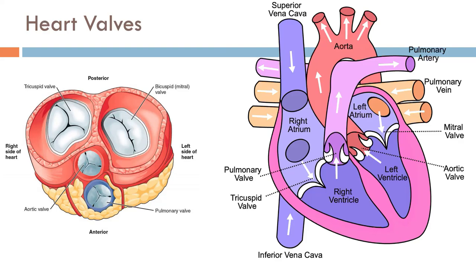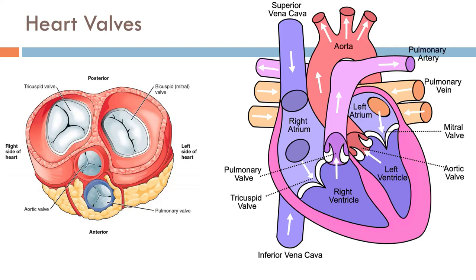Then it goes from the right ventricle through the pulmonary valve, the pulmonic semilunar valve, to the lungs, and comes back. Through the pulmonary artery, is it oxygenated or deoxygenated? Deoxygenated.